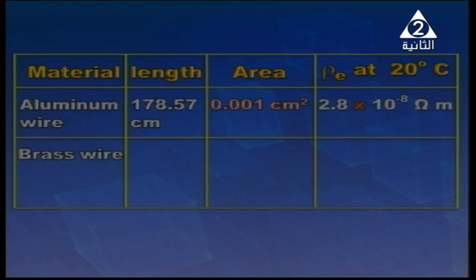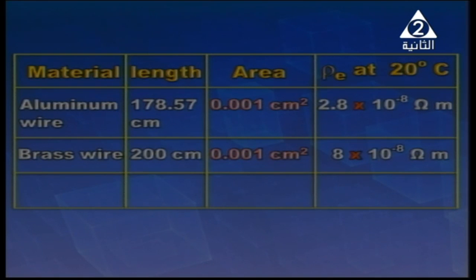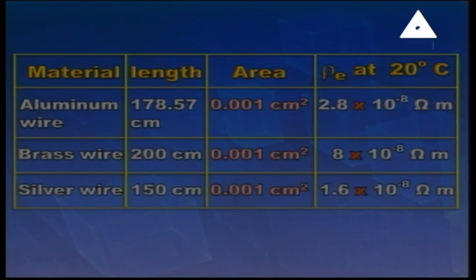And we've got brass wire, length 200 centimeter, same cross-sectional area, 0.001 centimeter squared. Resistivity is given 8 times 10 power negative 8. And finally, silver wire, length 150, same cross-sectional area, and 1.6 times 10 power negative 8 is resistivity. So we've got aluminium, brass, and silver.